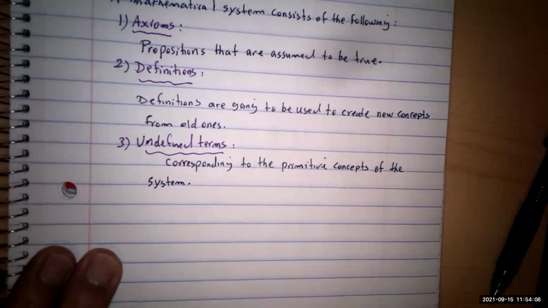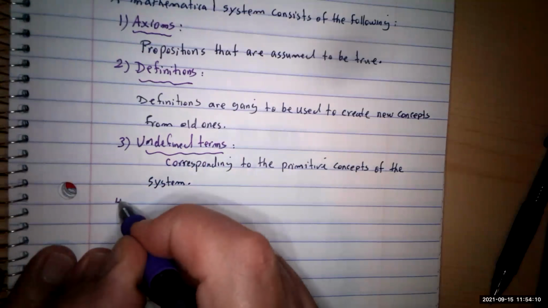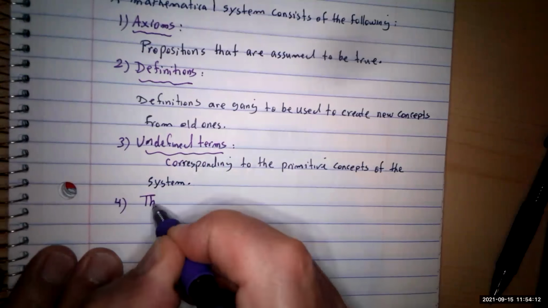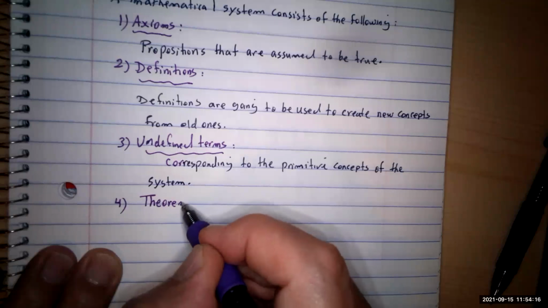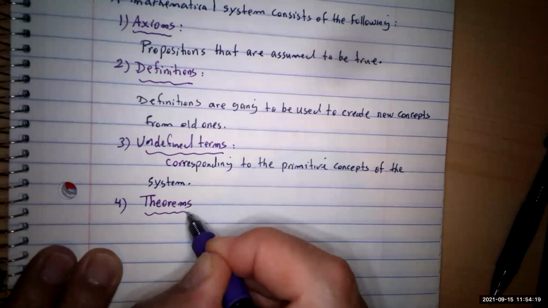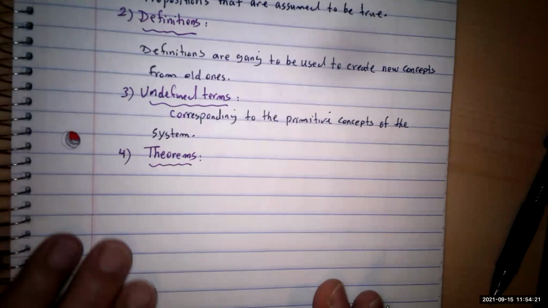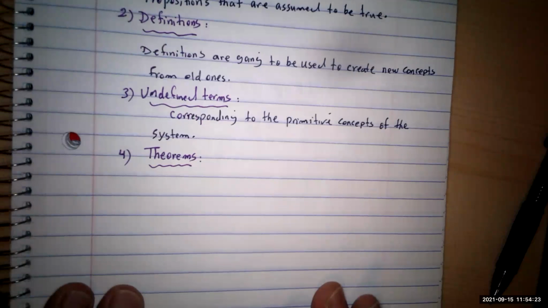Now the important part is going to be theorems. So you build up a system, then you predict something that may be true or may be false, but you have to prove it. That's why we call it theorems.